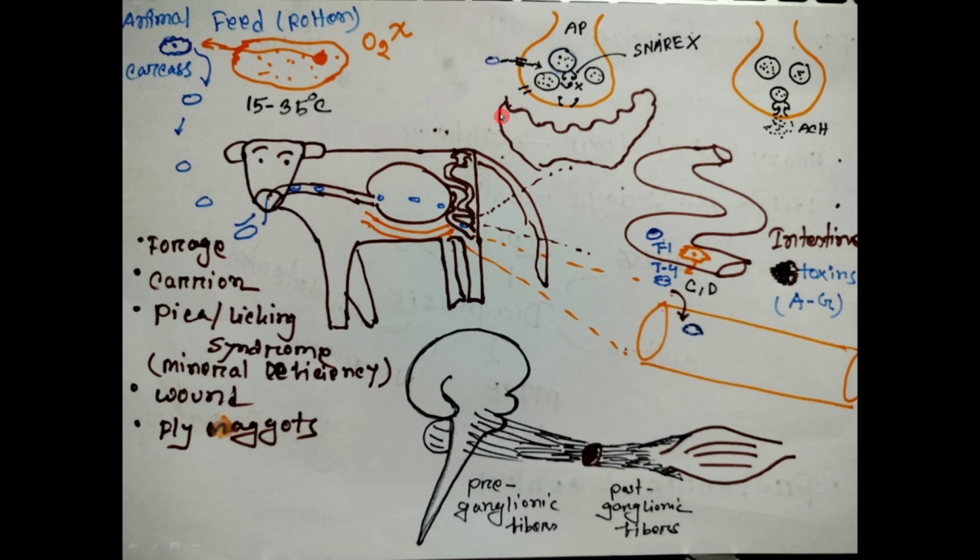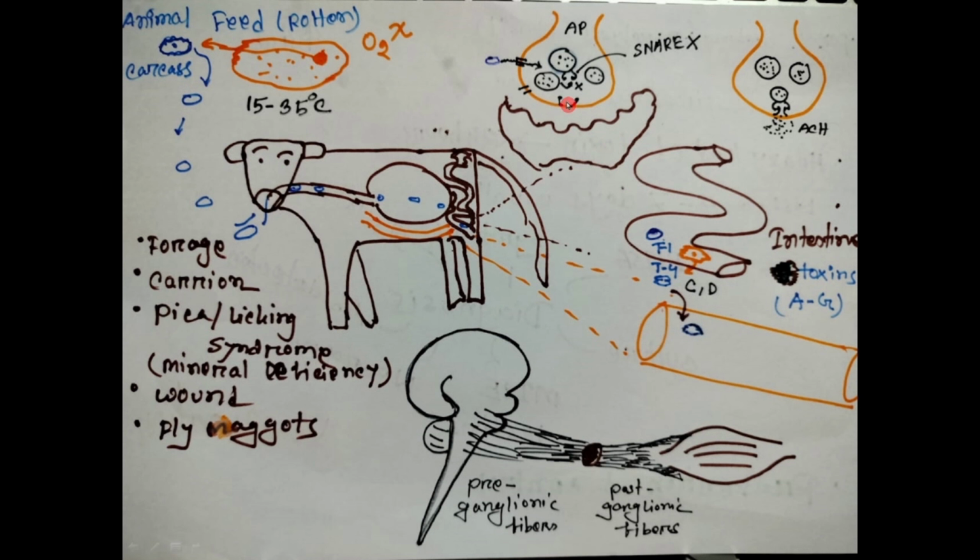So if the postsynaptic membrane, the muscle, is not getting the acetylcholine, what will happen? There will be no impulse conduction, no nerve impulse transmission, so there will be no contraction, no response of the muscle.